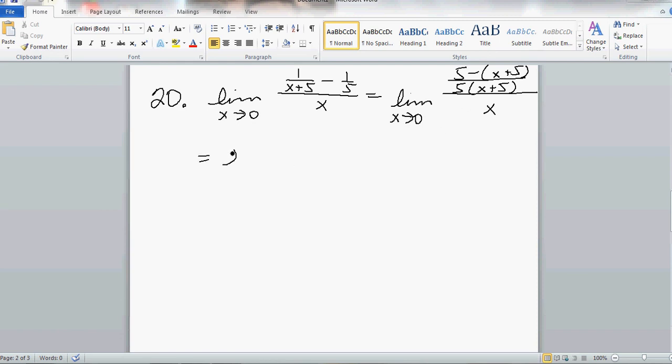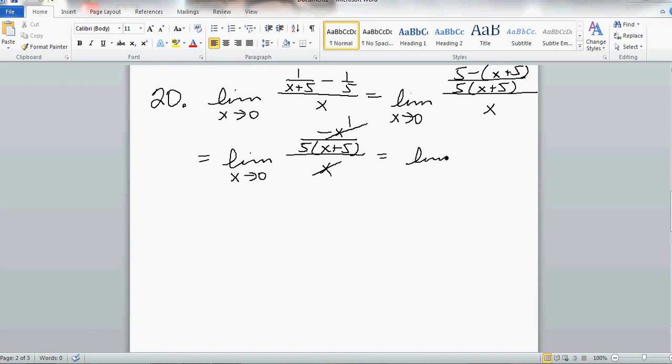And so this would be the limit as x approaches 0 of, okay, 5 minus the quantity x plus 5 equals negative x. And there's really no need to distribute this 5 yet, all over x. And we're still in problems because we're going to have 0 over 0, so we still haven't taken care of the situation yet. But now that x will cancel with that x, leaving a 1.